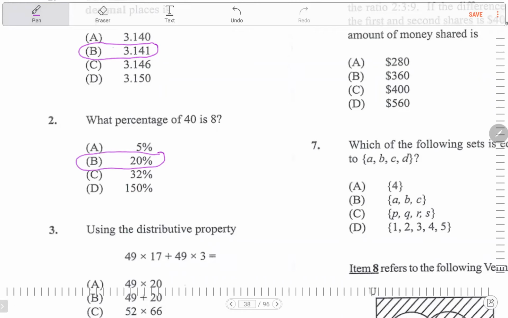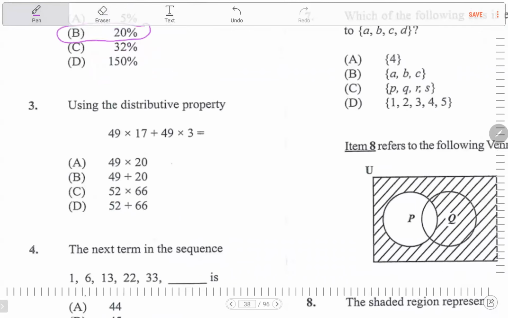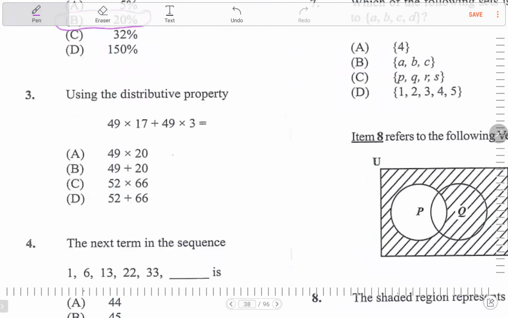All right, using the distributive property, what is this equal to? This really is the same as 49 times 17 and 49 times 3. So it's like 17 of this plus 3 of this, which is 20 of the 49s. Or if you go straight by the distributive law, it's a matter of factorizing.